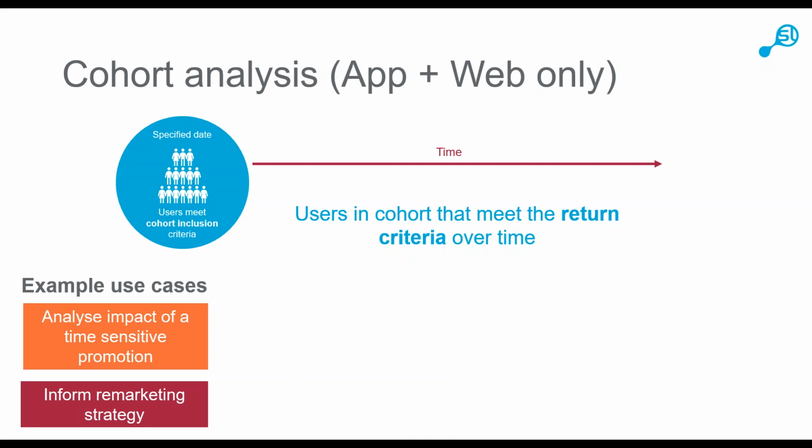You can also use it to inform your remarketing strategy, because if you understand at what point is the most likely time that people are coming back, that might help you serve ads at the right point in time in somebody's journey.